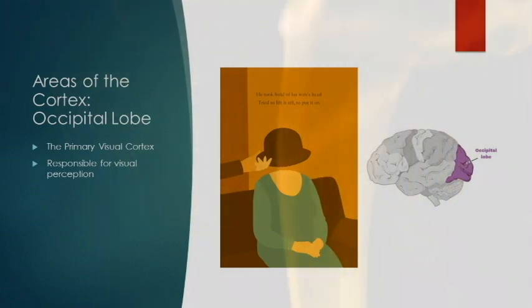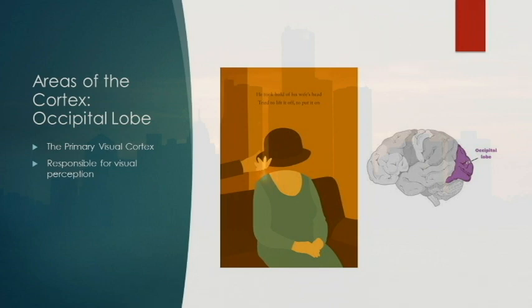Then, of course, within the occipital lobe, there is visual perception. And so the occipital lobe contains higher order visual areas responsible for more complex aspects of visual perception. So these areas process information related to things like color and motion and depth and object recognition.